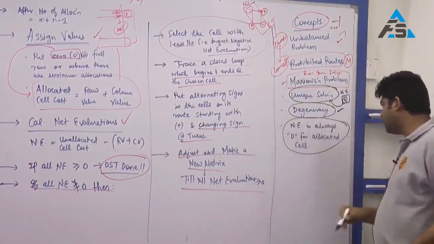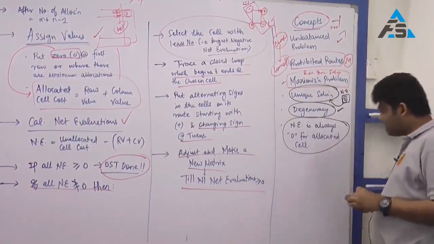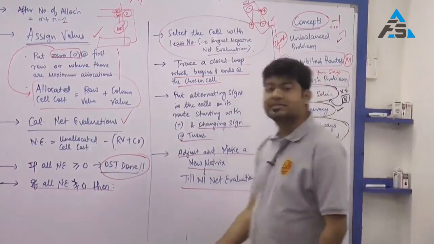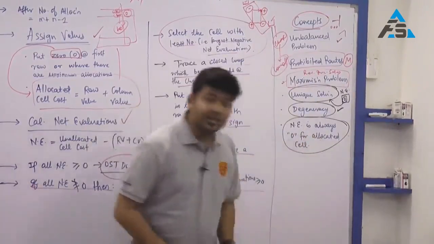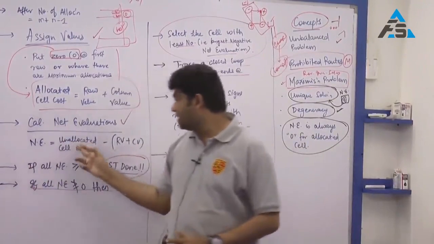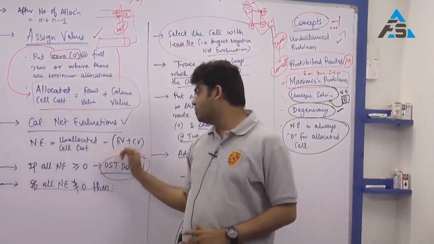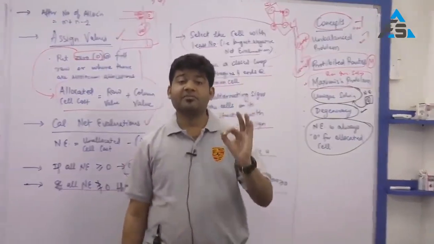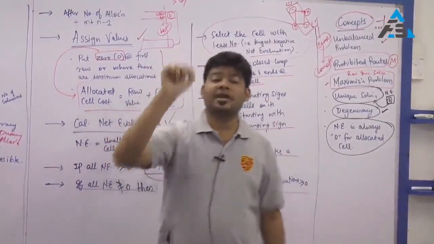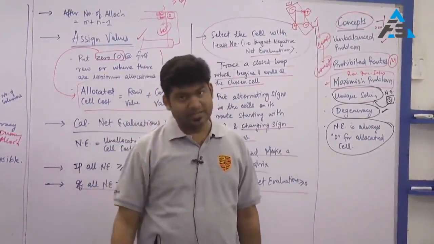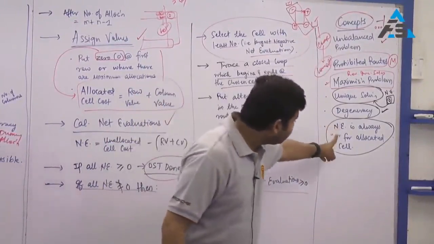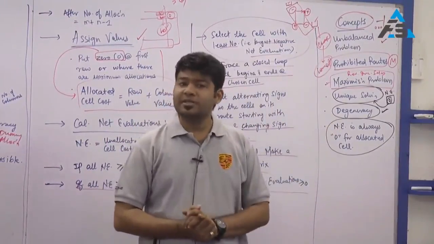Then comes net evaluation. Net evaluation is always 0 for allocated cells. What is net evaluation? Net evaluation, we know, is unallocated cell cost minus row value plus column value. Wherever there is an allocation at the cell, the net evaluation will always be 0 for that cell.